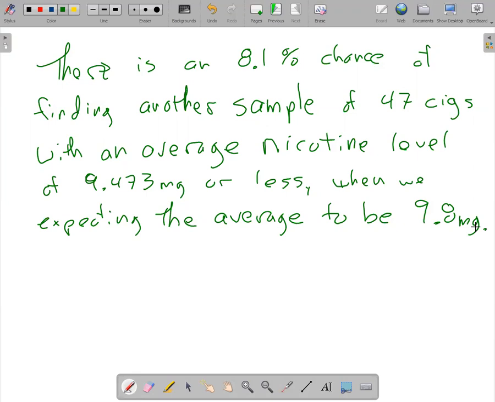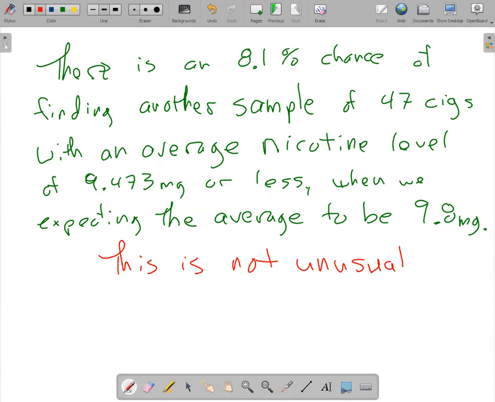So if they really believe that they lowered the nicotine, there's an 8% chance of randomly selecting 47 cigarettes. That's common. That's not uncommon. So it looks like they didn't lower the nicotine. Okay, so this is not unusual. It's not unusual to find 47 cigarettes with an average of 9.473 if it's supposed to be 9.8, because it came out to 8% chance of that happening.